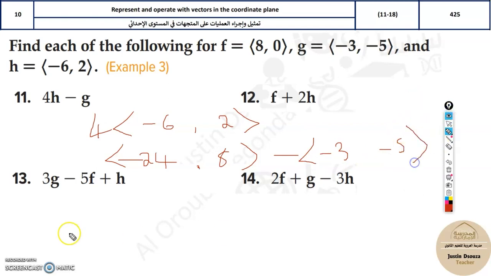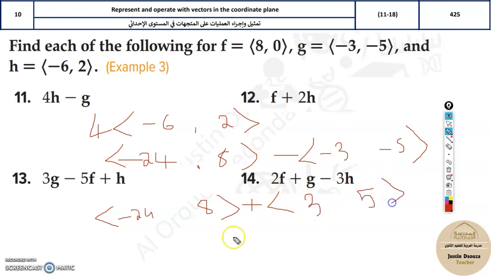So all you need to do is over here minus and minus, multiply this minus sign inside, so it'll be negative 24, 8. It'll be add, why? Because you're multiplying this inside. It'll be 3 and 5. So it'll be negative 24 plus 3, that would mean negative 21, and 8 plus 5 is 13. So negative 21 and 13 is the answer.